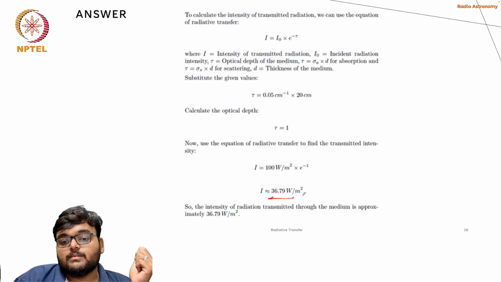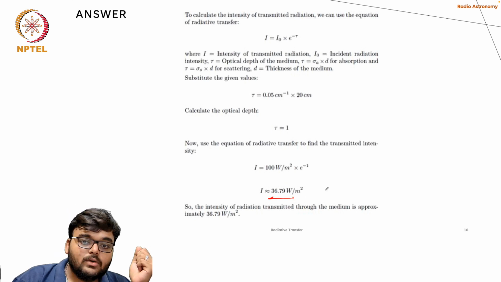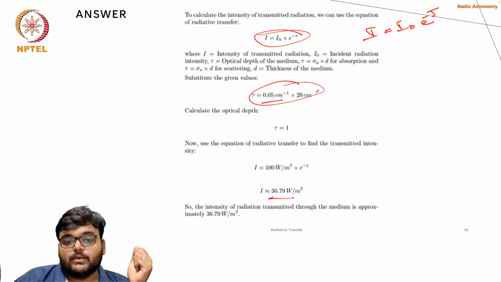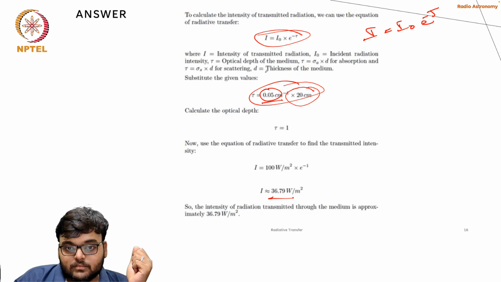So the answer to this question will be 36.79 watt per meter square. Using the transmission coefficient formula, we will have tau is 0.05 into 20 centimeter. 0.05 per centimeter is your optical, meaning tau is your optical depth, where sigma is the scattering coefficient into this, and this is your absorption coefficient.